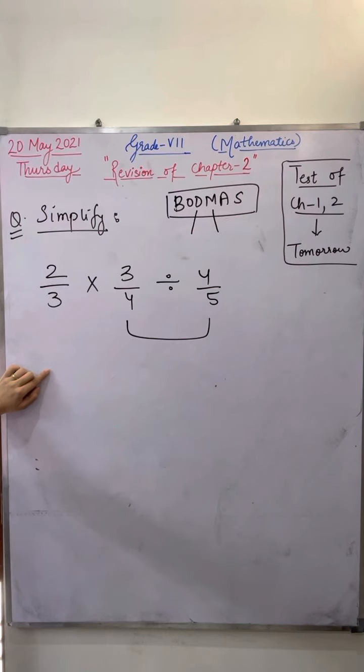Okay? Quickly. Only 30 seconds I'm giving you. We are having a lot of questions of this chapter today. Sanchit, right? Sanchit, that also you can cancel. Ananya, right?